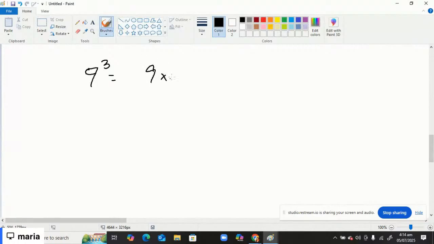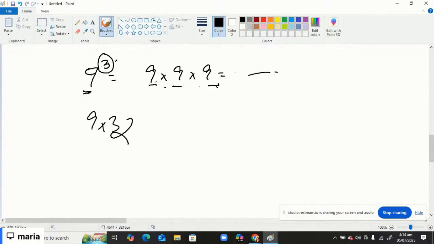It means that 9 times 9 times 9, and then you write your answer. All right. The power basically means how many times the base is multiplied with itself. That represents the exponent. If the number is 5, then 5 times. If the number is 10, then 10 times that digit. You do not simply multiply 9 times 3. No, this is not it. You write 9 three times, and then multiply the 9s with each other.